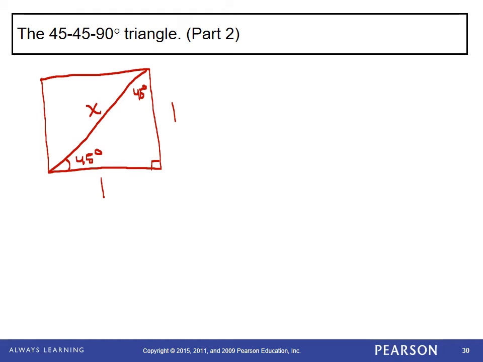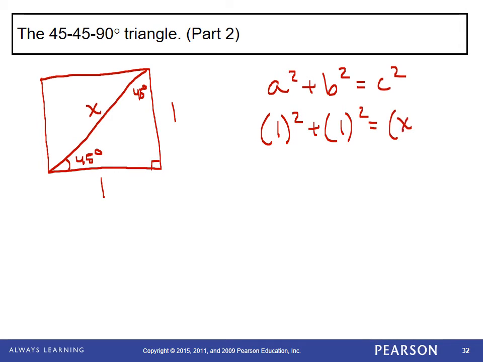And of course, you should think about, oh, Pythagorean theorem should help here. So let's go for it here. A squared plus b squared is equal to c squared, and plug it in. See if you can get ahead of me. That'll be fine as well. So a is a 1, the b is a 1. Squaring that gives you x squared.